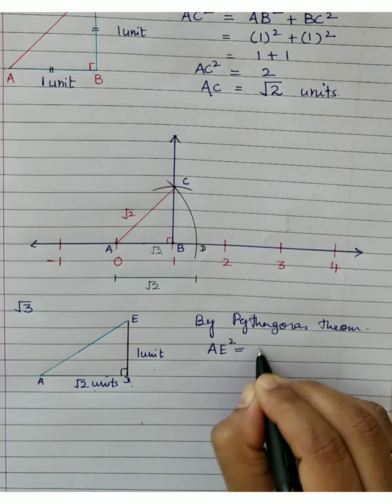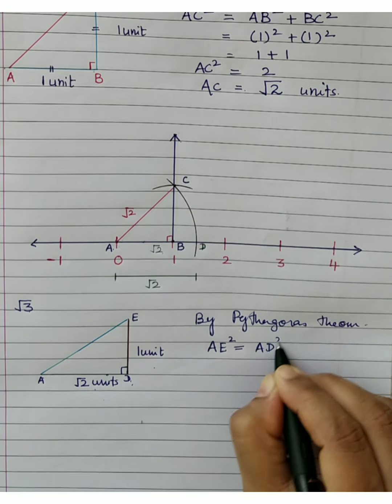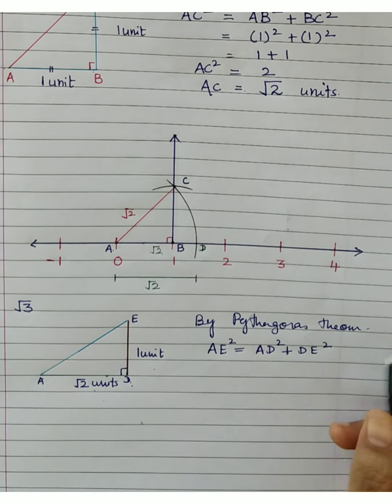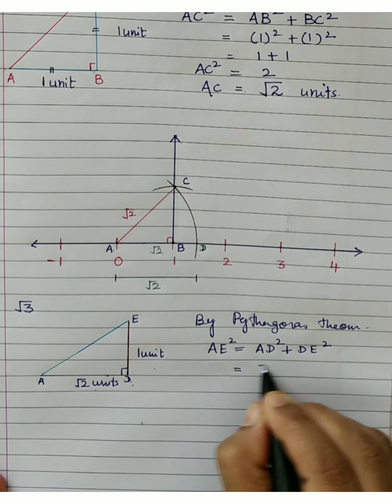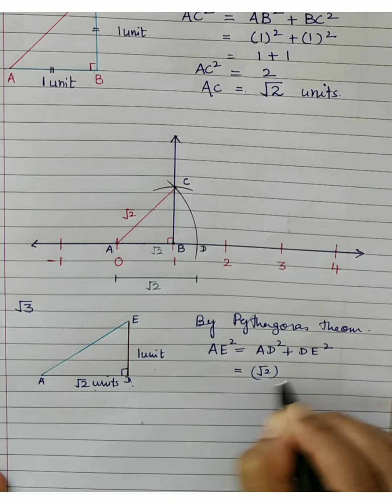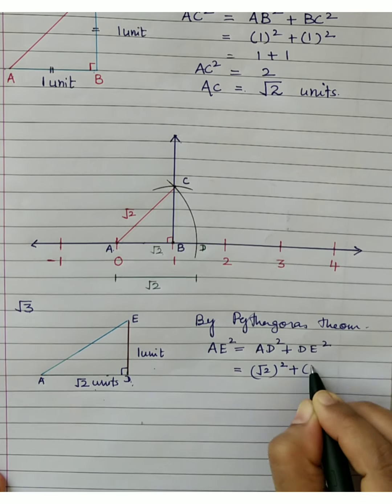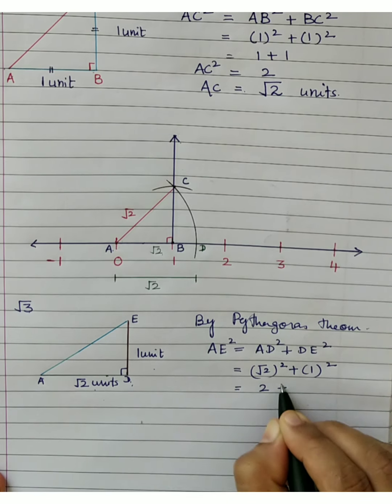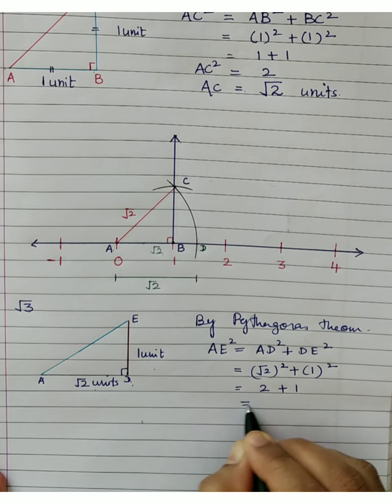AE square will be equal to AD square plus DE square, right? AD is under root 2, and square. DE we have taken 1 unit, 1 square. Root 2 square is 2 plus 1 square is 1, 3.